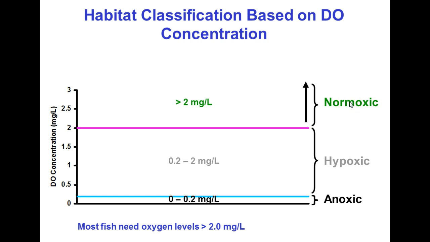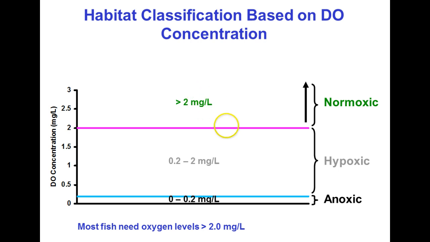Now, we rate habitats based on their dissolved oxygen in an amount of milligrams per liter. Normoxic habitats have a DO, or dissolved oxygen, concentration of 2 milligrams per liter and above.